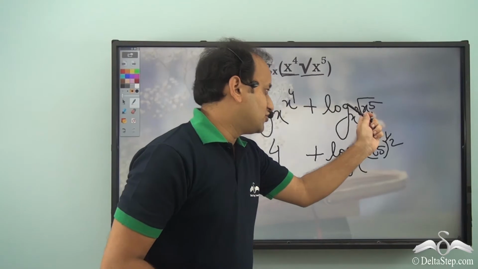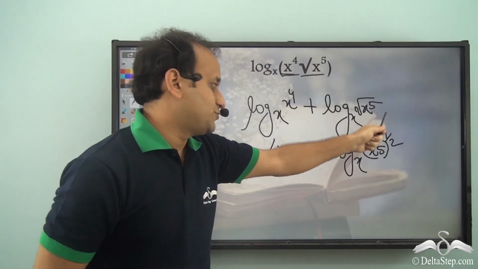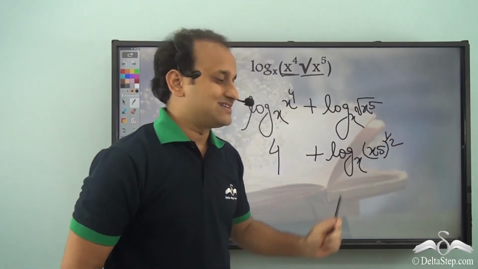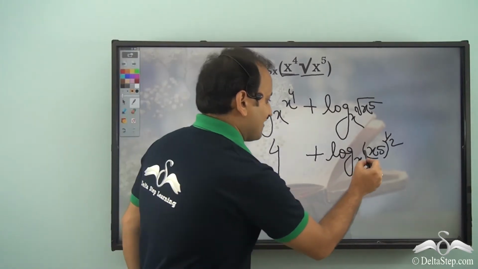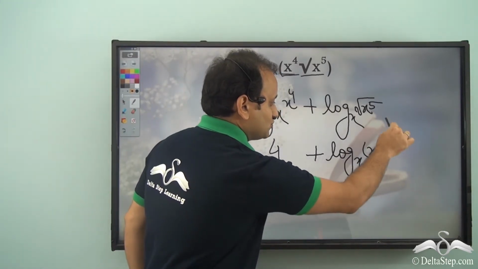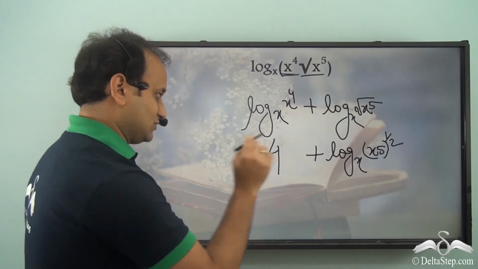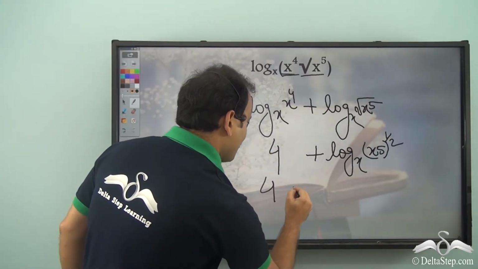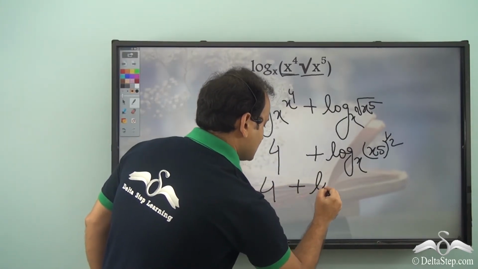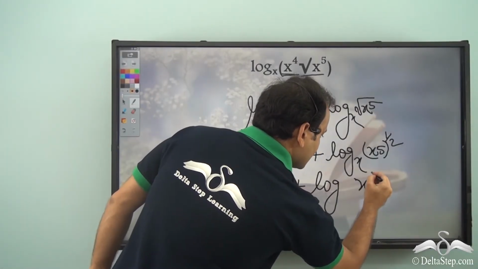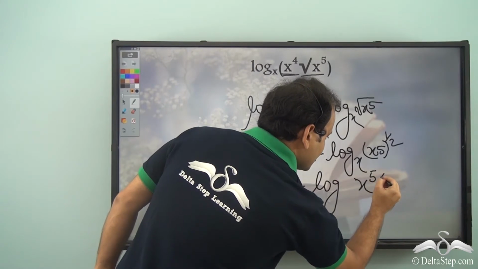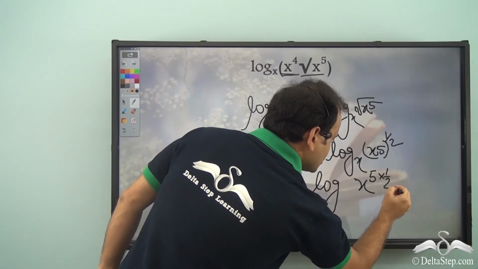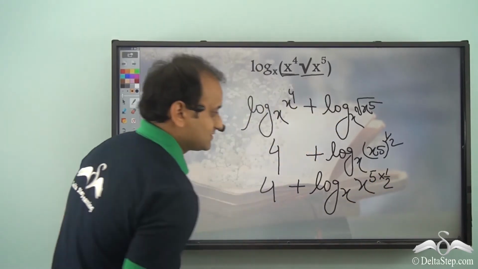So when you have a root, you can always write it as reciprocal, that is 1 by 2 as the power. So now you have x to the power of 5 to the power of 1 by 2. So this again can be written as 4 plus log x to the power of 5 into 1 by 2 to the base x.